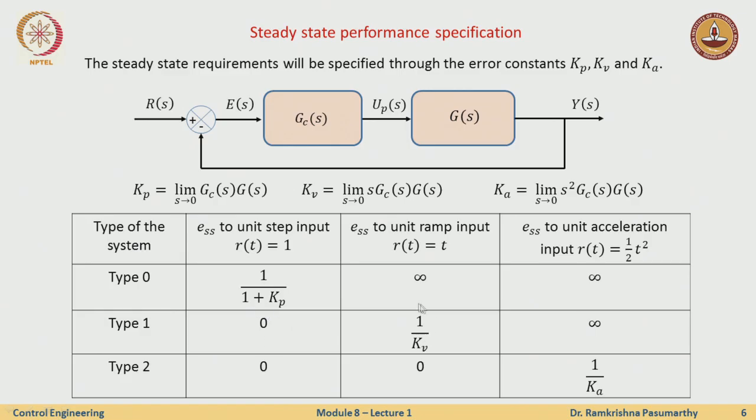It is able to track a ramp with some steady state error, and it will never be able to track a parabolic signal. Similarly for type 2 systems, the steady state error for a step reference is 0, the steady state error for a ramp input is 0, but for a parabolic input it is some finite number, right.